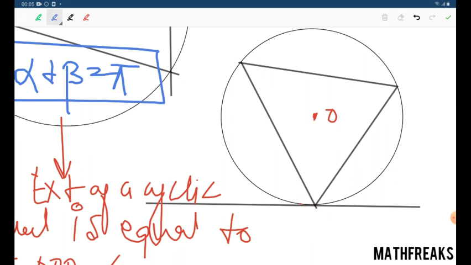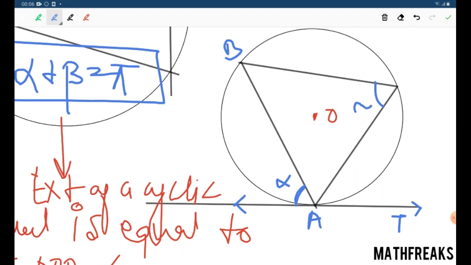Another important thing, the most important thing, is the angle made by a chord. This is a chord of a circle AB. This is a tangent. The angle made by the chord with the tangent at that point is equal to the angle described or inscribed by the chord on the alternate segment.